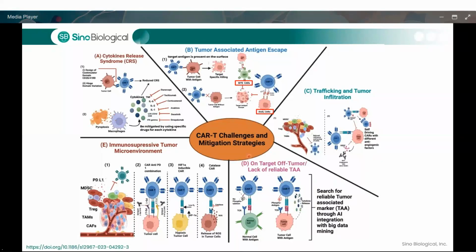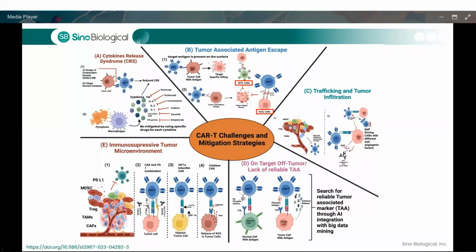But the on-target, off-tumor effect might be mitigated by selection of reliable tumor-associated antigens through integration of AI, or artificial intelligence, with big data mining. The suppressive tumor microenvironment comprises different components, including low oxygen, cancer-associated fibroblasts, high ROS, and others that diminish the proliferation of the CAR T cells.